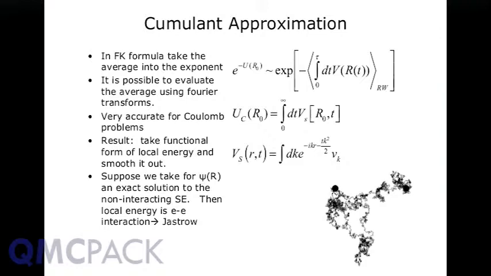And this would say that the exact wave function is equal to the exponential. The cumulant approximation means that you take this averaging operation up into the exponent. That's what we mean by cumulant approximation. We take this average up to the exponent, and we say the exact wave function can be written in this form. We write it as e to the minus u, just because we want to identify this part as u.